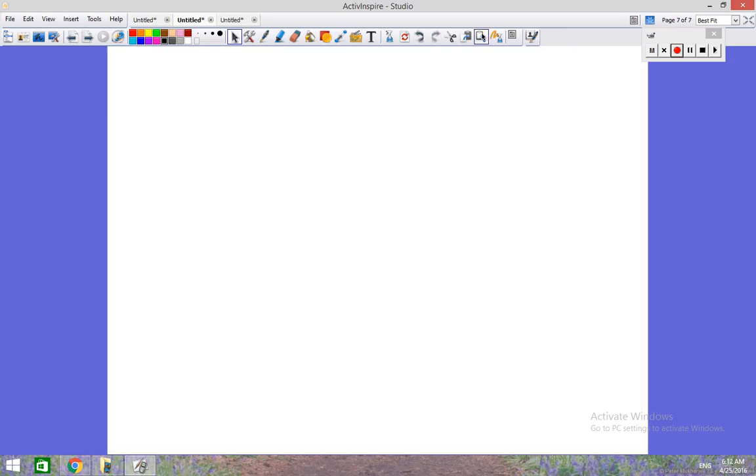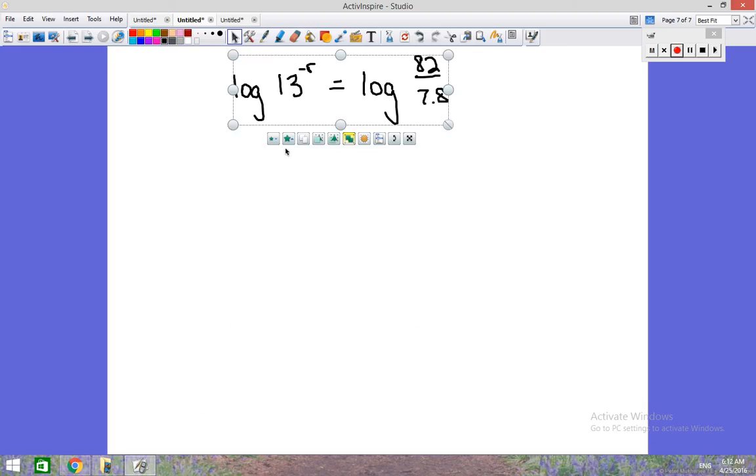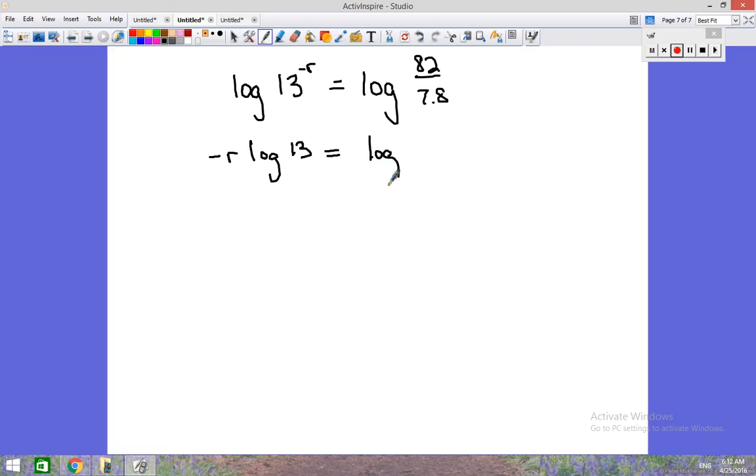Logarithms have a property. It's called the power rule, and that power rule allows us to take this exponent of negative r and change this to multiplication. Moving this negative r out in front changes this to multiplication. On the right hand side we still have the log of this fraction.